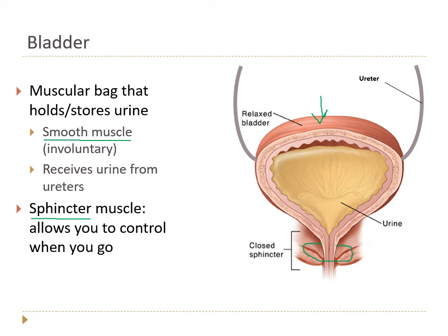Those are not under conscious control. Those are involuntary. Thankfully, the external urinary sphincter is under conscious or voluntary control, most of the time anyway, but that actually takes a lot of time for us to develop. That's why infants and toddlers need to wear diapers. It takes years to develop control over those sphincter muscles.